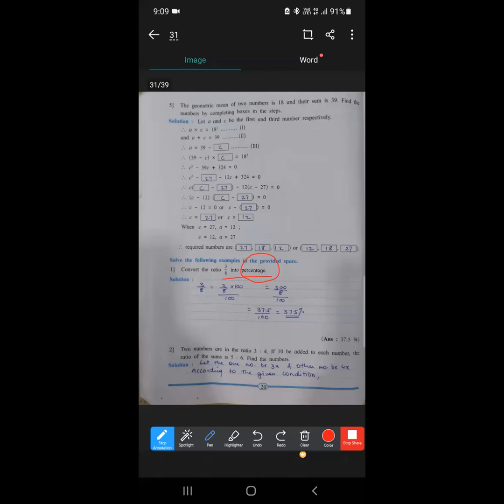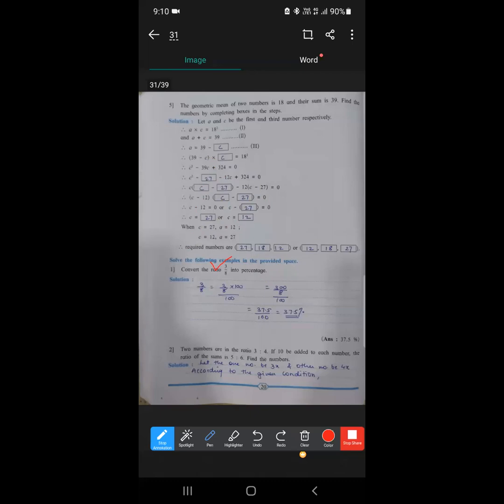Now suppose if I say 5 upon 100, that means what? It is 5%, because in the denominator what you can see? 100. Okay, so here the ratio is given, that is the 3 upon 8. This ratio you need to convert into percentage.